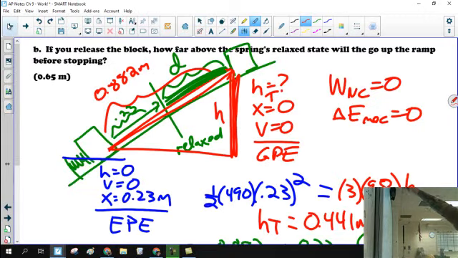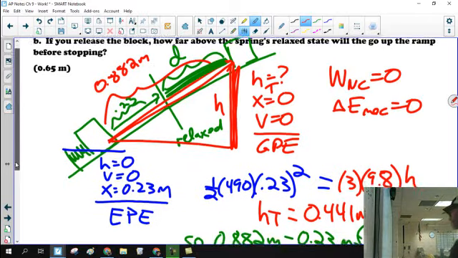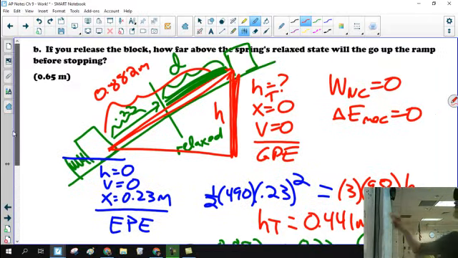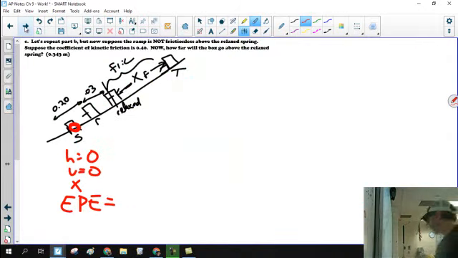Why is that number not familiar to me? Oh, just because I didn't write it down. Okay, so 12.96, let's just call it 12.96 joules.